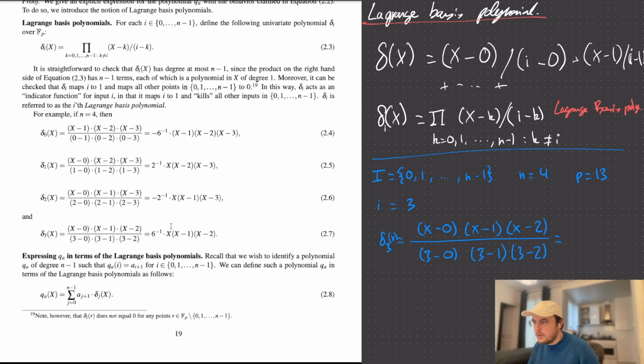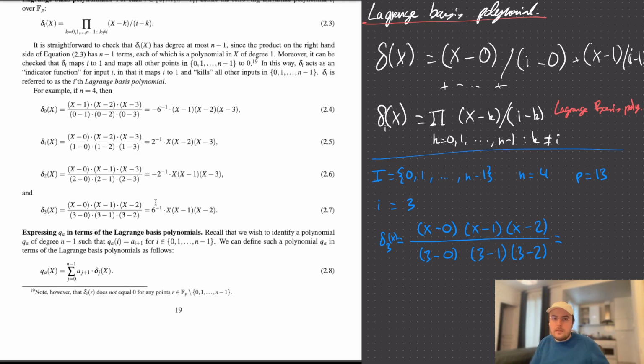Okay, so this works, and it's pretty normal that the maximum degree will be n minus 1, because there's x times x times x, which is 3. We understand correctly.